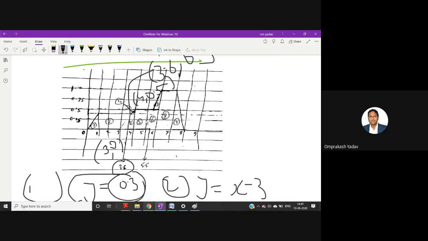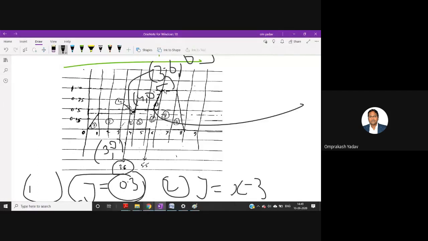Now in the similar way, we have to find out the intersection point for this particular point. So try to find out. You know the equation for this particular line is y equal to 0.5, because this line is constant. And this line's equation you will have to again determine.